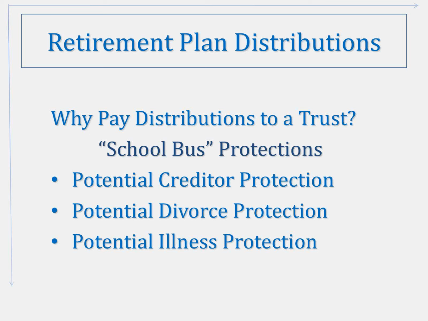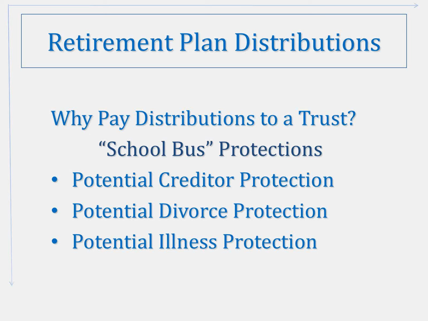And we have a story called the school bus story. I won't go into it too deeply, but essentially the hypothetical is that I die. My wife, subsequently, who I give all my property outright to, has a school bus accident. And then the question is, what happens to all the assets that I gave her?